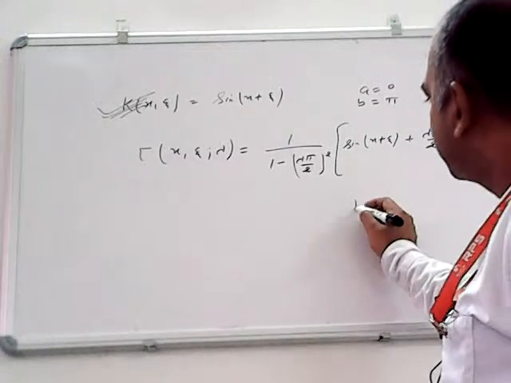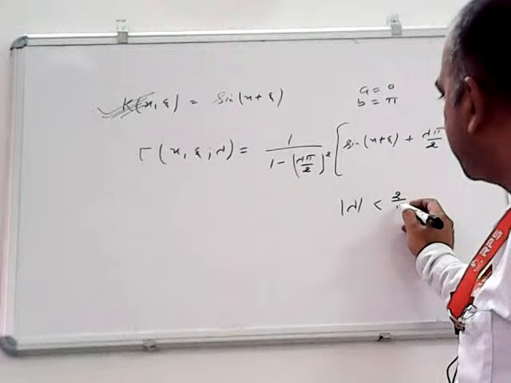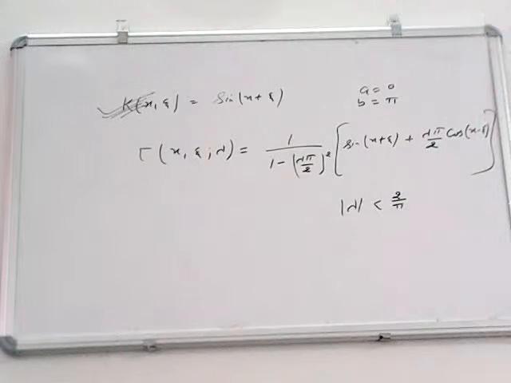And in this case the modulus of λ is less than 2/π. So this is the answer of the resolvent kernel in this case.